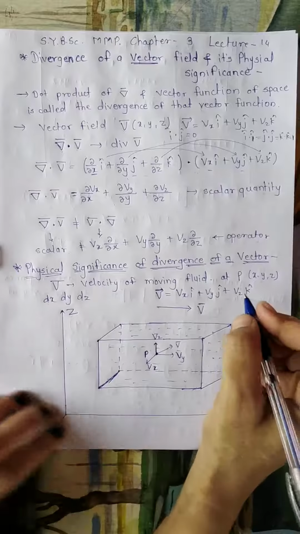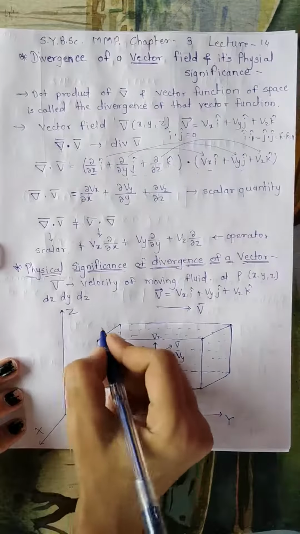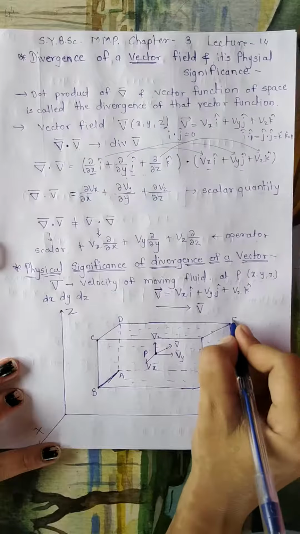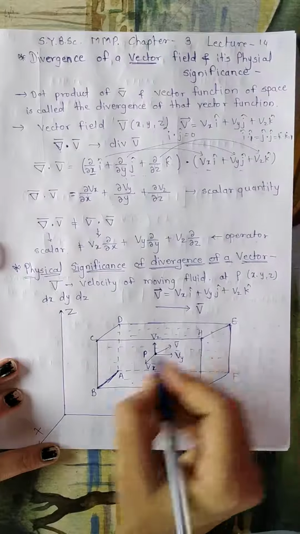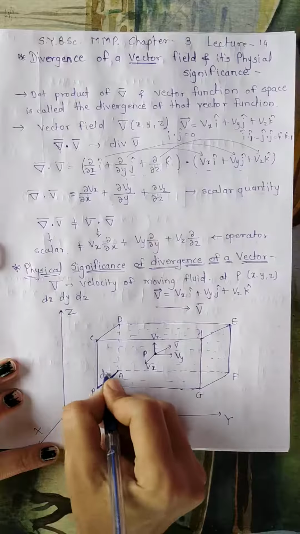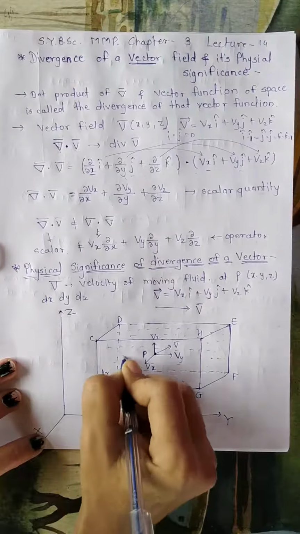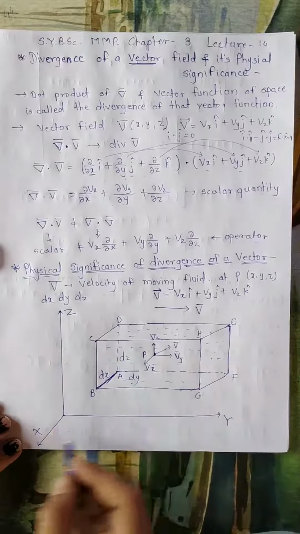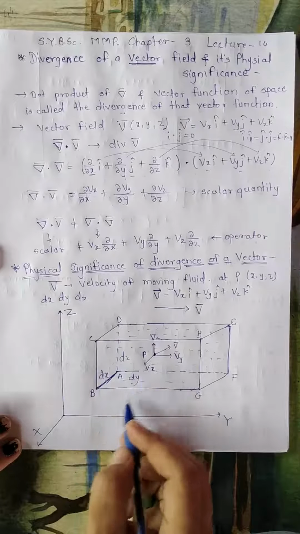Here we will consider the vertices as A, B, C, D and E, F, G and H. Now the edges of the parallelopiped are taken as dx, dy and dz, since our directions of x, y, z are in this way. So these are the edges of the parallelopiped.